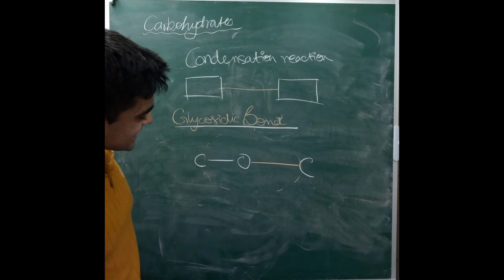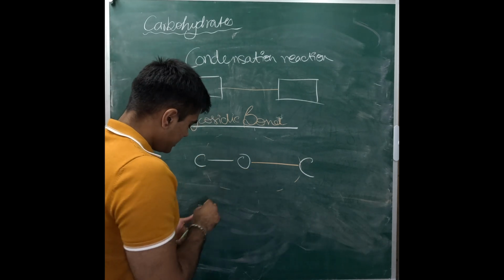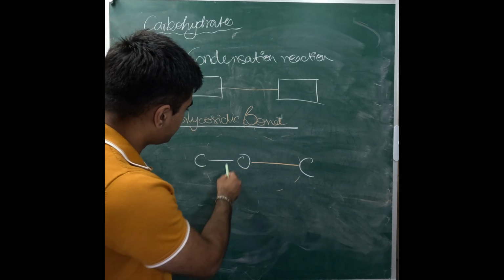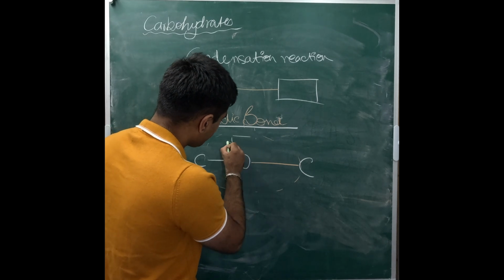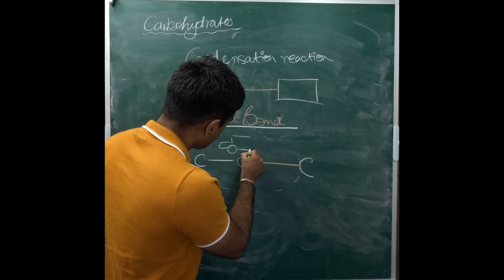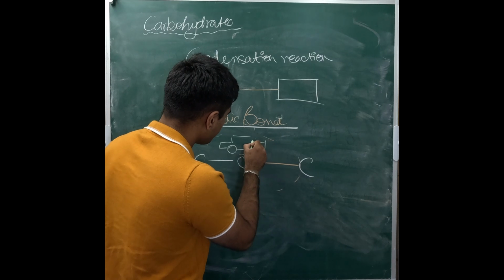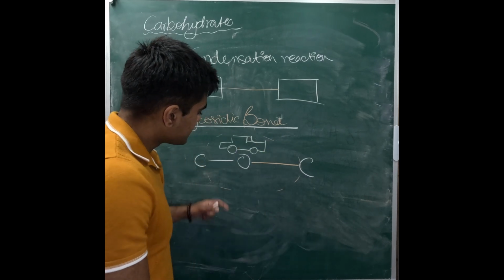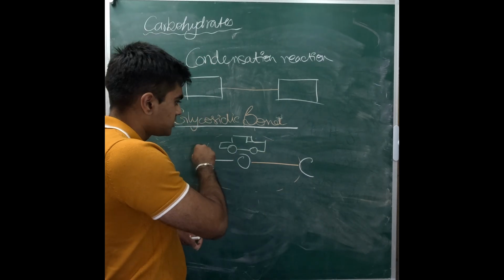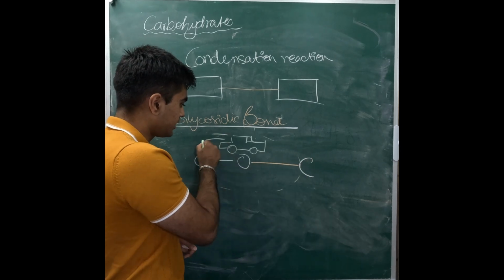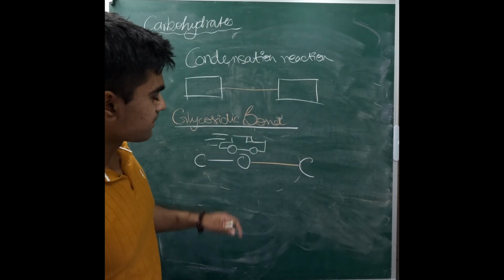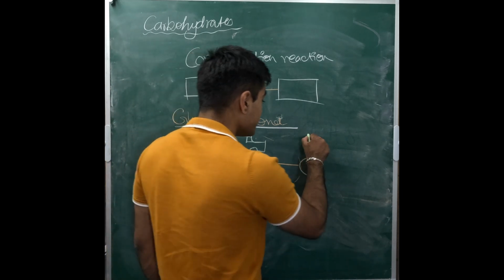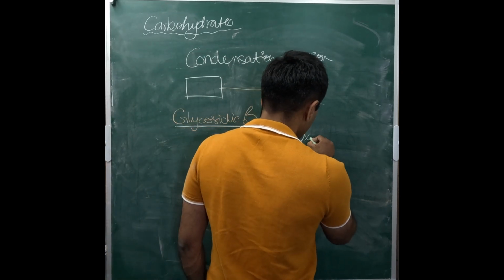Scientists imagine you could drive a car over this. Just imagine you can drive a car over this. So scientists saw that you can go from carbohydrate 1 to carbohydrate 2 in a car, because of this thing. That's why they also call this an oxygen bridge.